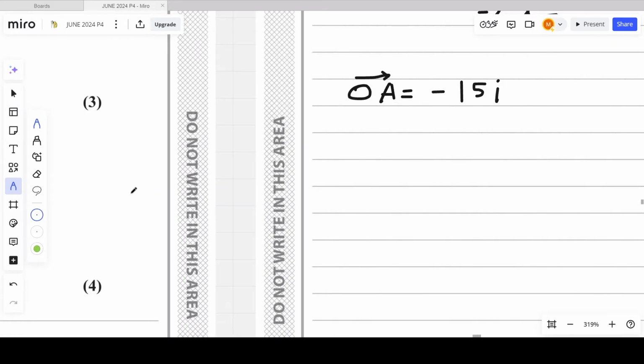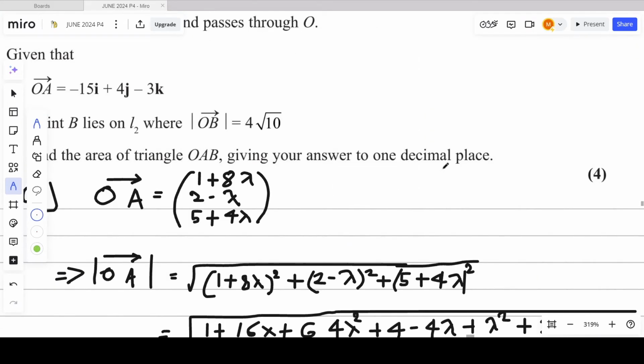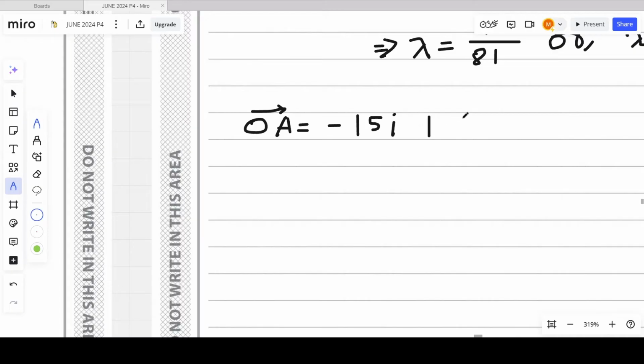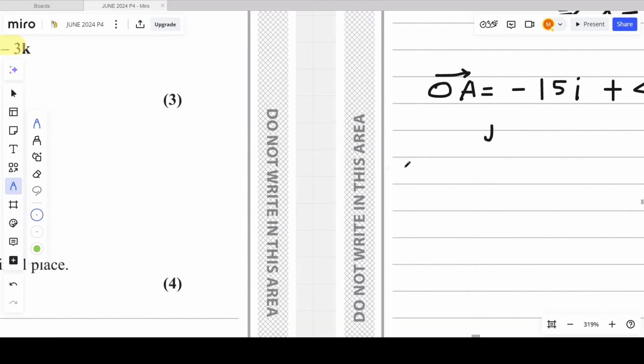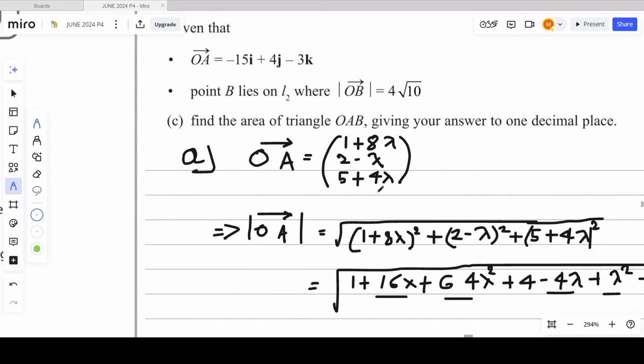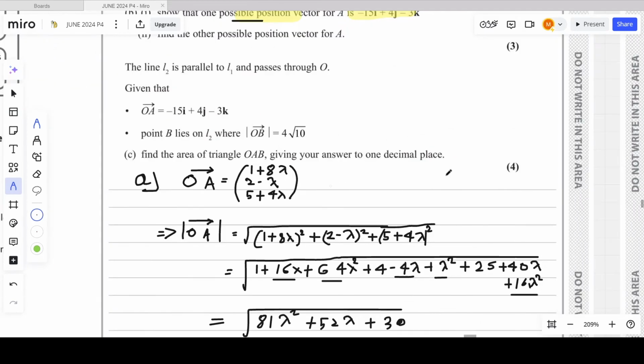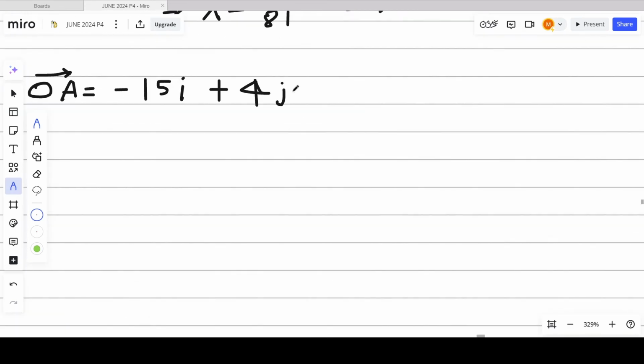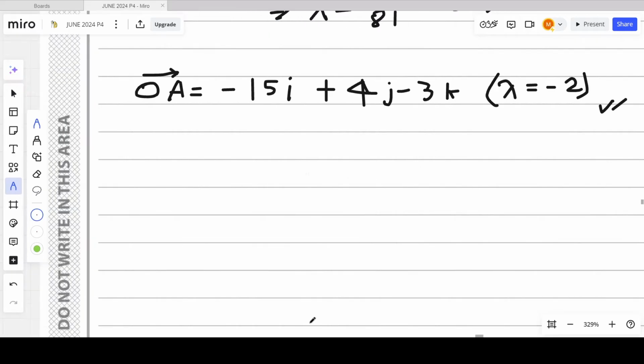And then the value for lambda is negative 2, so 2 plus 2, this is 4j. And the k component is 5 minus 8, which is negative 3k. It is when lambda equals negative 2. Okay, so it is shown.